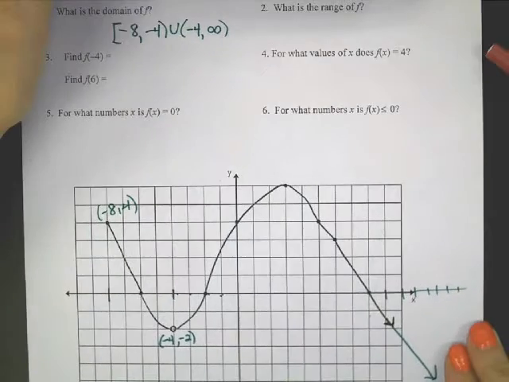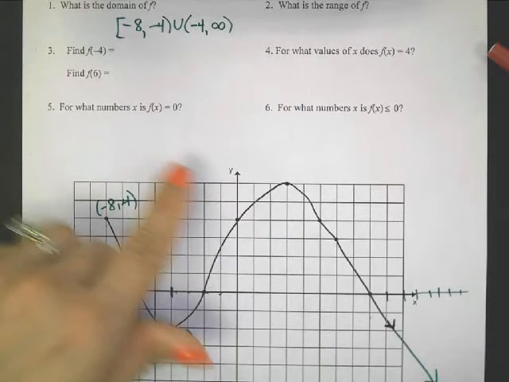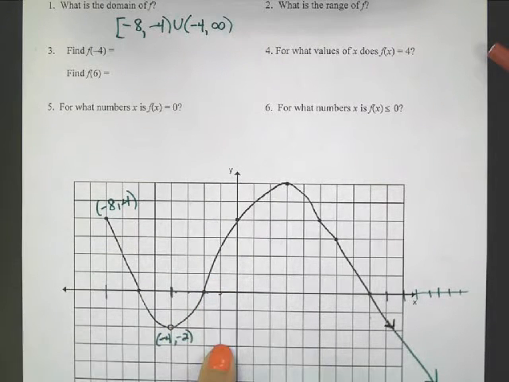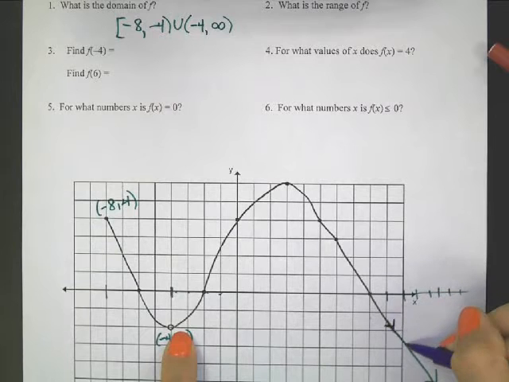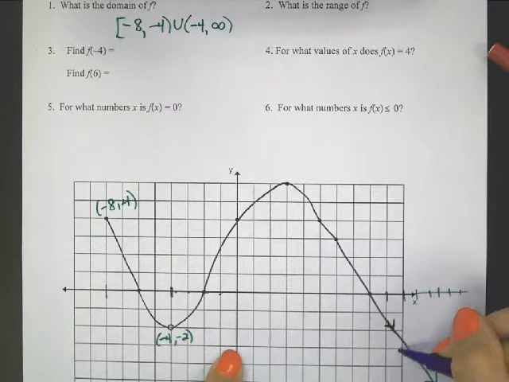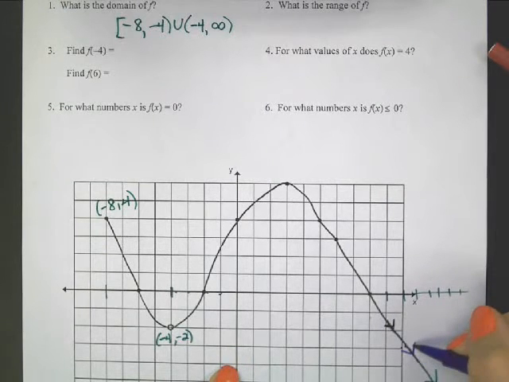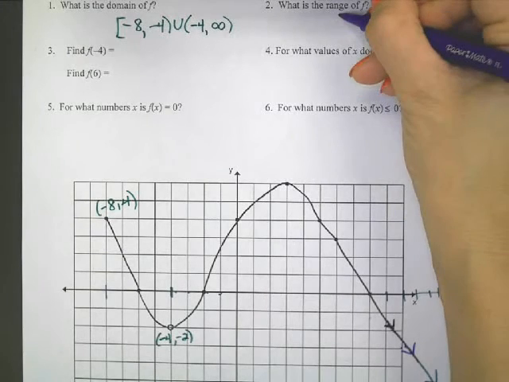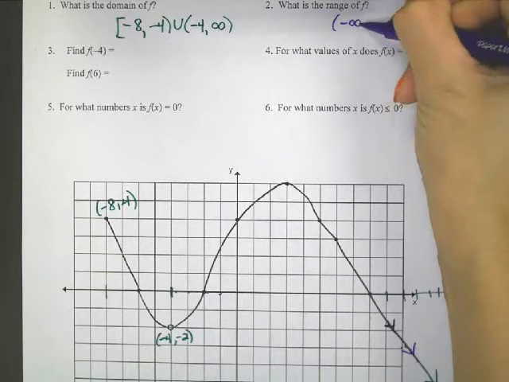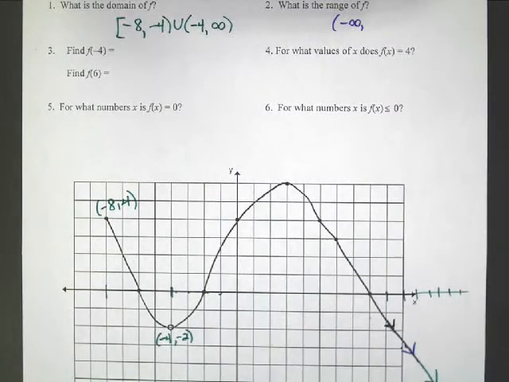The y value for the range, the smallest y value being used, the smallest y. Wait, that's not the smallest one because look, this graph goes down, down, down. Okay, is -3 the smallest? No, because it goes down, down, down. I think the smallest y value is going to be -infinity. And infinities are always going to get parentheses. Okay, so now we're going to come up the y-axis.